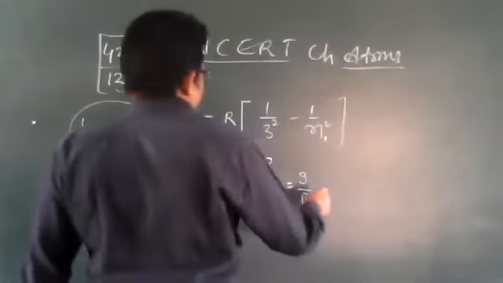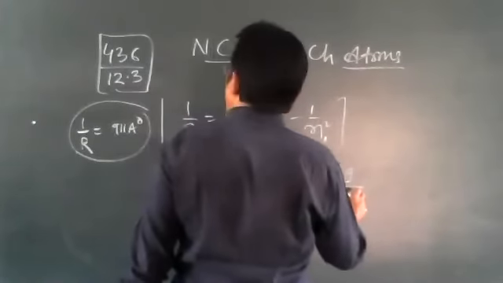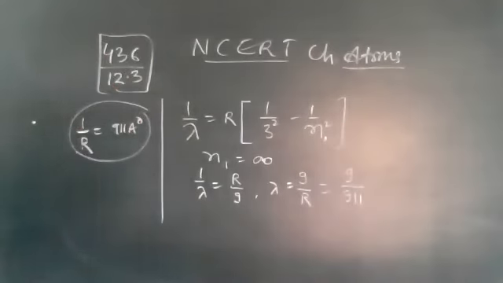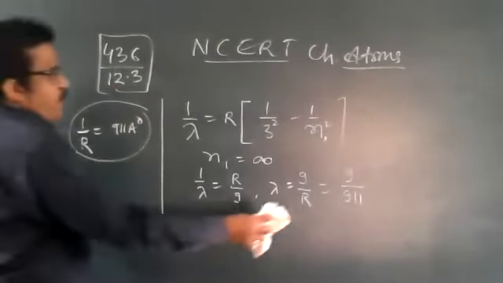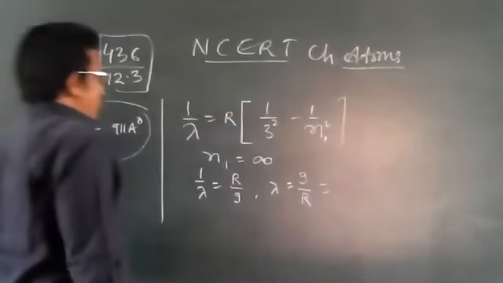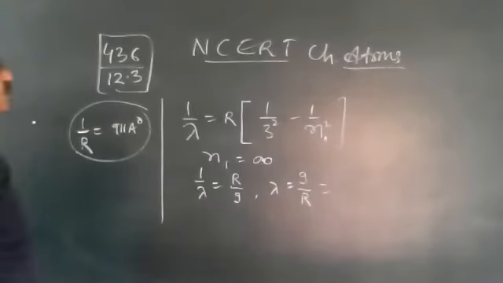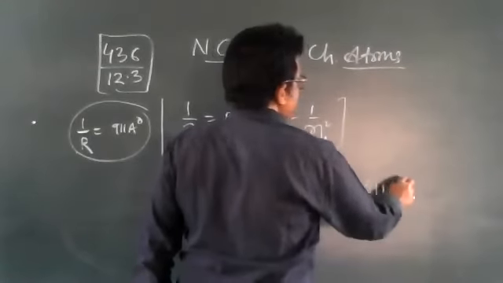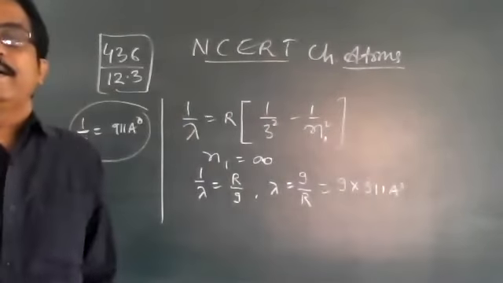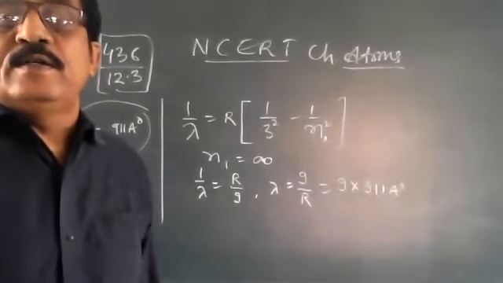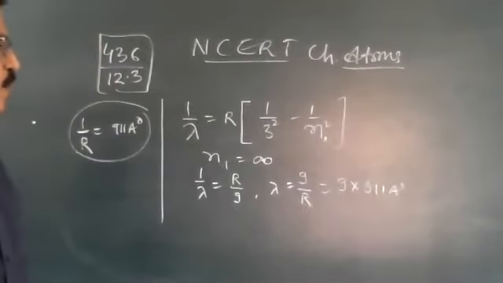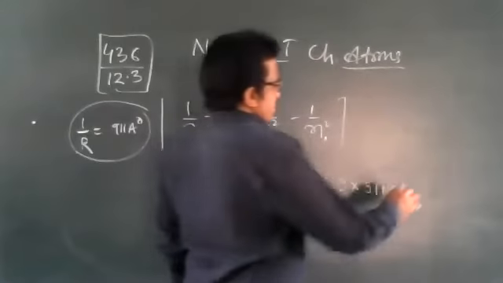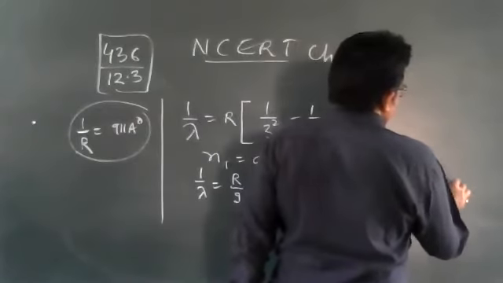So put this value here: 9 divided by R, that is, 9 into 1 by R, and in place of 1 by R put 911 angstrom. So dear children, once you multiply it, you will get 8199 angstrom.